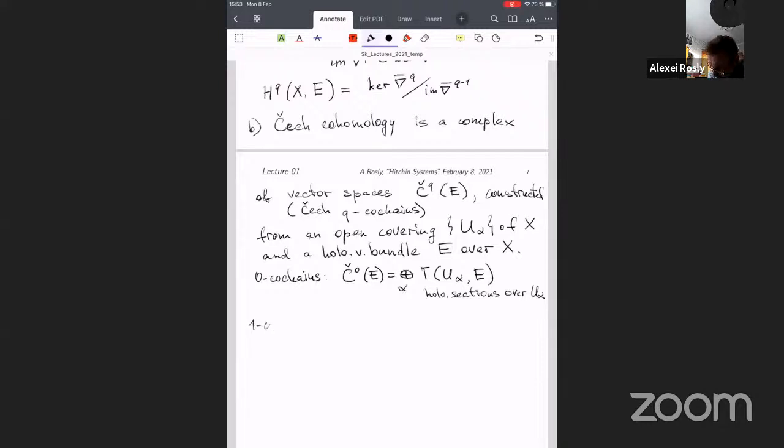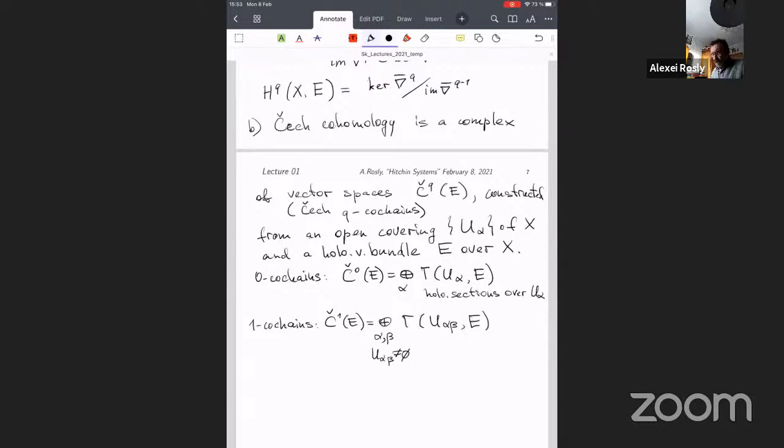One-chains are very similar, but we take double intersections such that U_alpha beta is not empty, and take sections over this intersection.